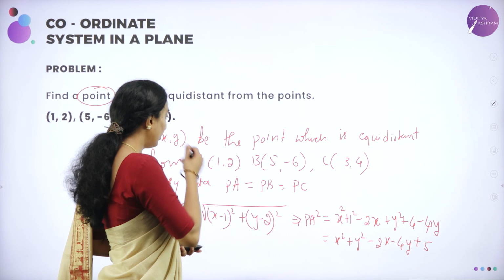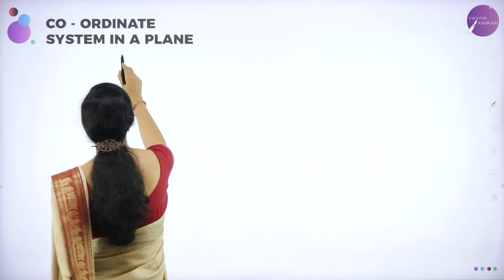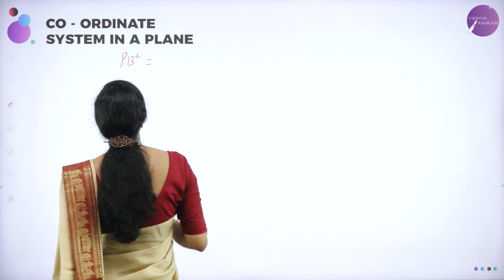And we are going to have PB. What is PB? PB squared, let me calculate directly.